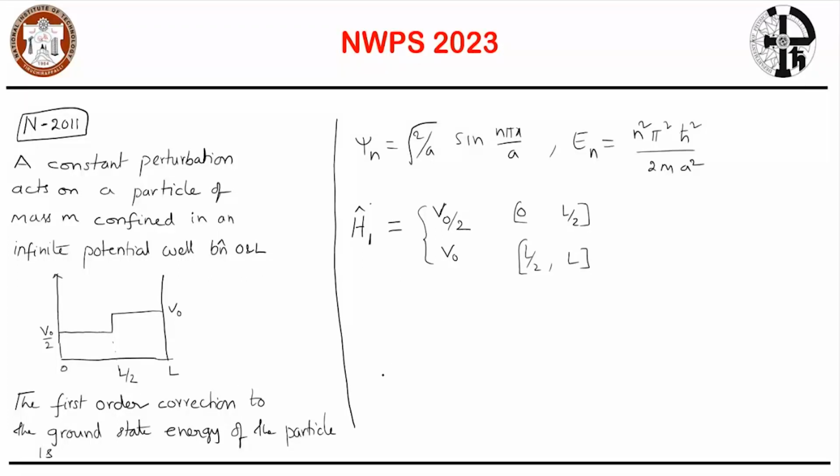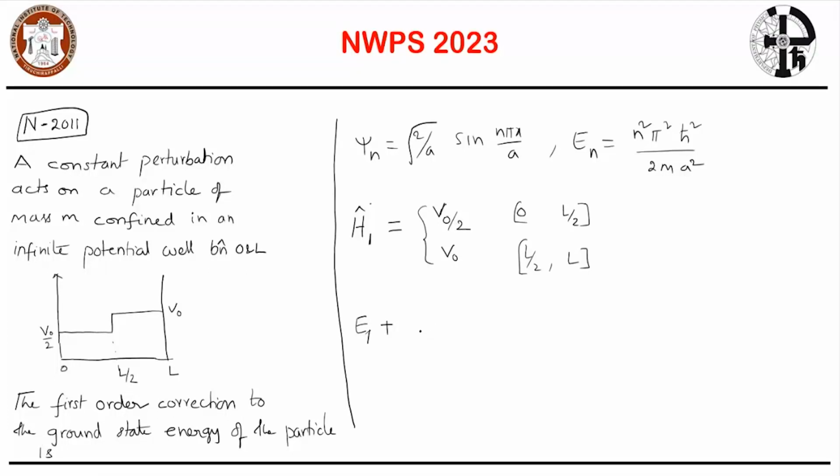That's the question. So we know how to do this. The ground state energy gets an additional correction. There is already E1, the starting energy is E1, and it gets a correction.